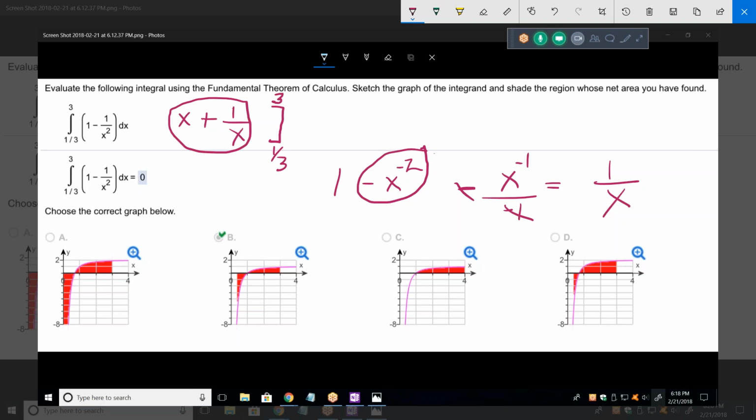In other words, it means F of 3 minus F of 1/3. That's the fundamental theorem of calculus. You take the antiderivative, which is capital F, you evaluate it at the upper limit. Okay, so what is capital F of 3 equal to?